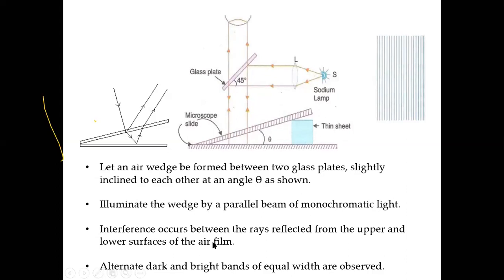Interference occurs between the rays reflected from the upper and lower surfaces of the air film, as you could see here. There is this upper film and then the lower part of the air film. So between these two systems, interference occurs due to the superposition of these two reflected rays, resulting in the formation of alternate dark and bright bands of equal width.